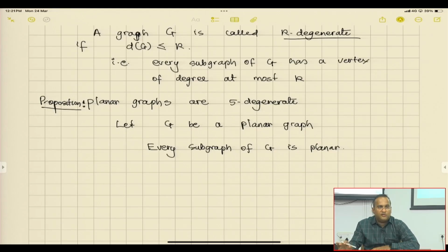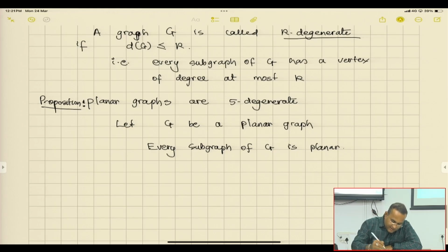So Euler's formula is true on some embedding of the planar graph G. If the degree of v is greater than or equal to 6 for every vertex, then what will happen?